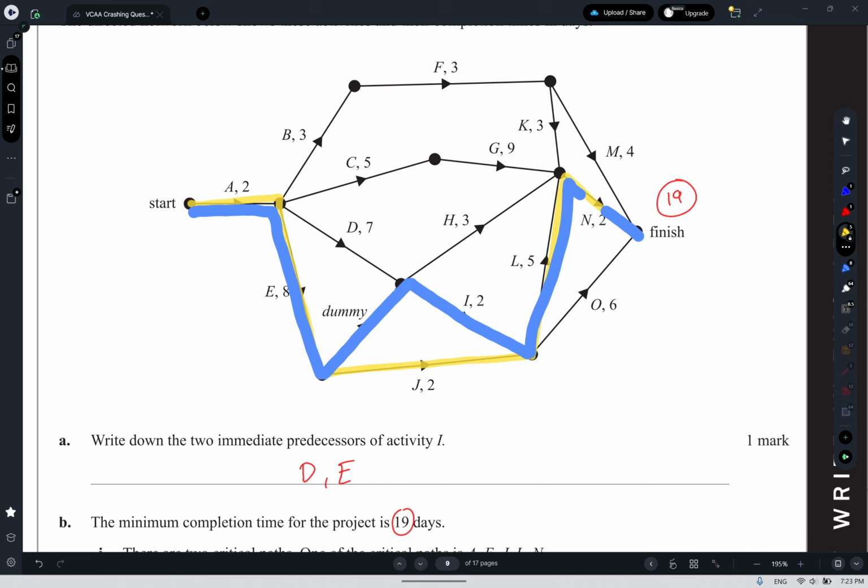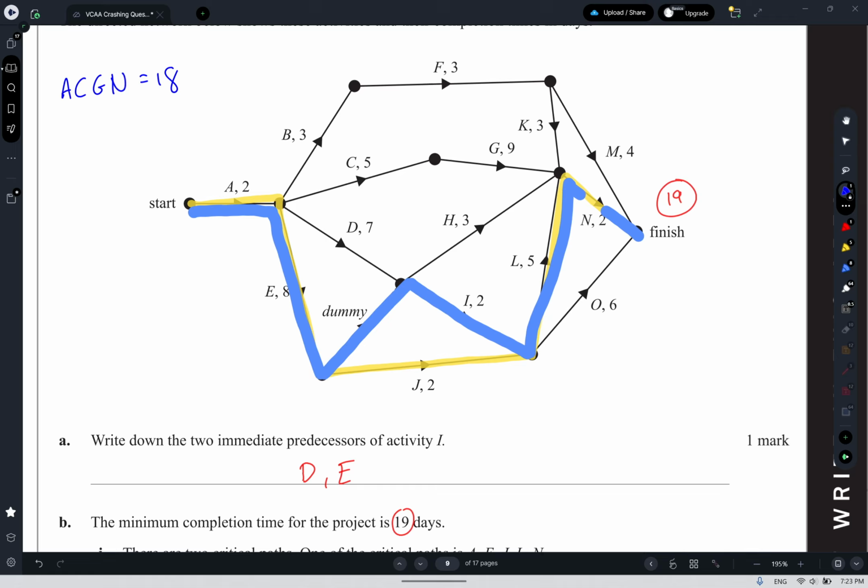So ACGN is 18. And then if there's anything else close to that, which I don't think there's too many other things: A, B would be 5. We've already looked at the F route, and that's pretty short. We could do A, D, H, maybe N. That would be 2 plus 7 is 9, plus 3 is 12, plus 2, so not really.